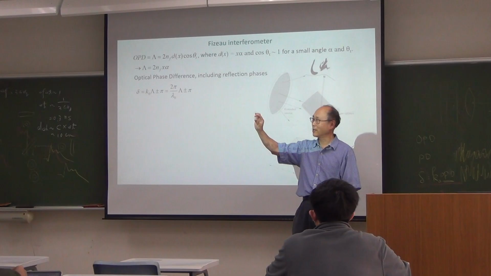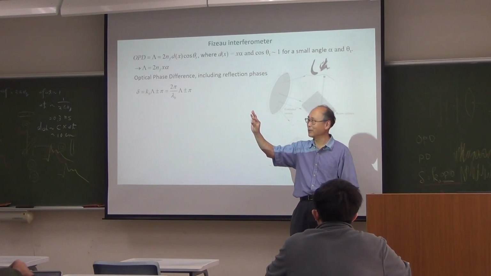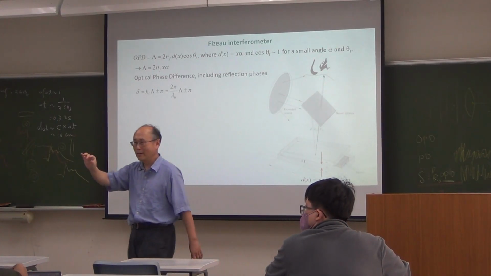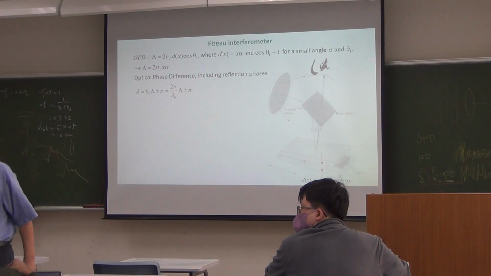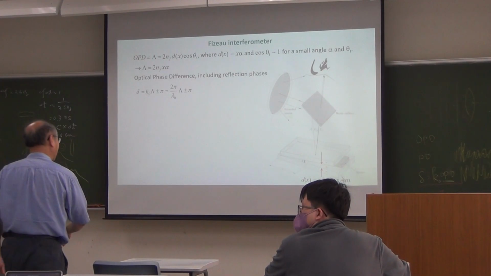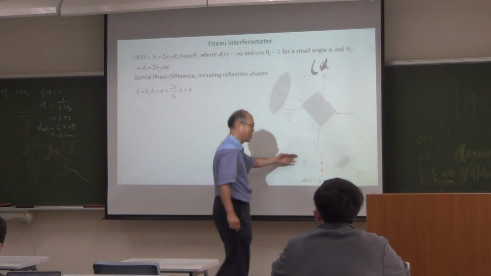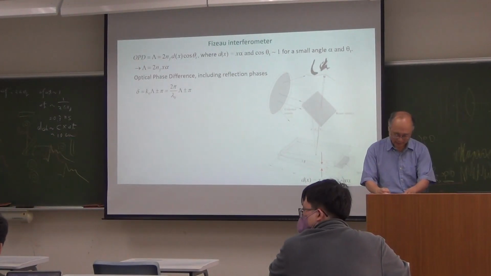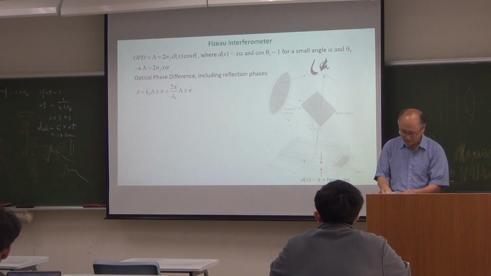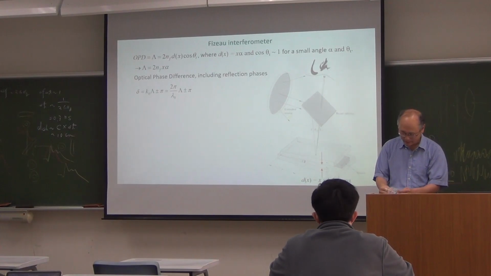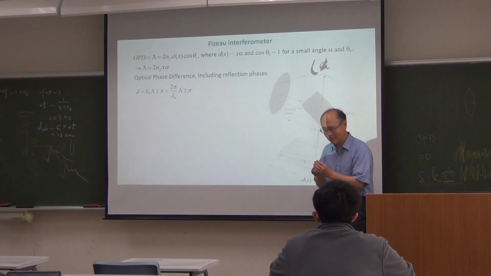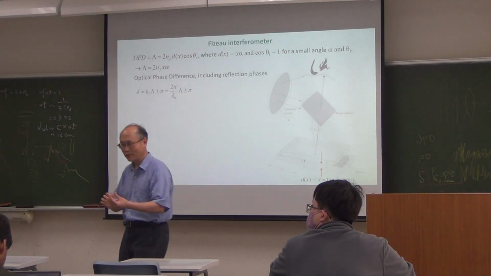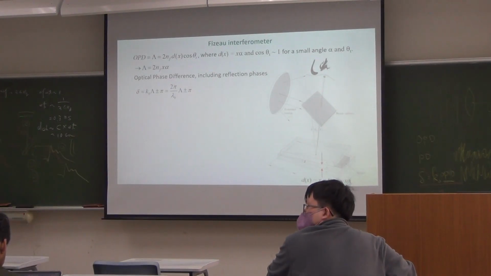You take it like this, on the edge, and then you can construct a visual interferometer. Let's see how many pieces I have. I think I have one more piece, and maybe first I'll give it to you, and then you can borrow from each other.